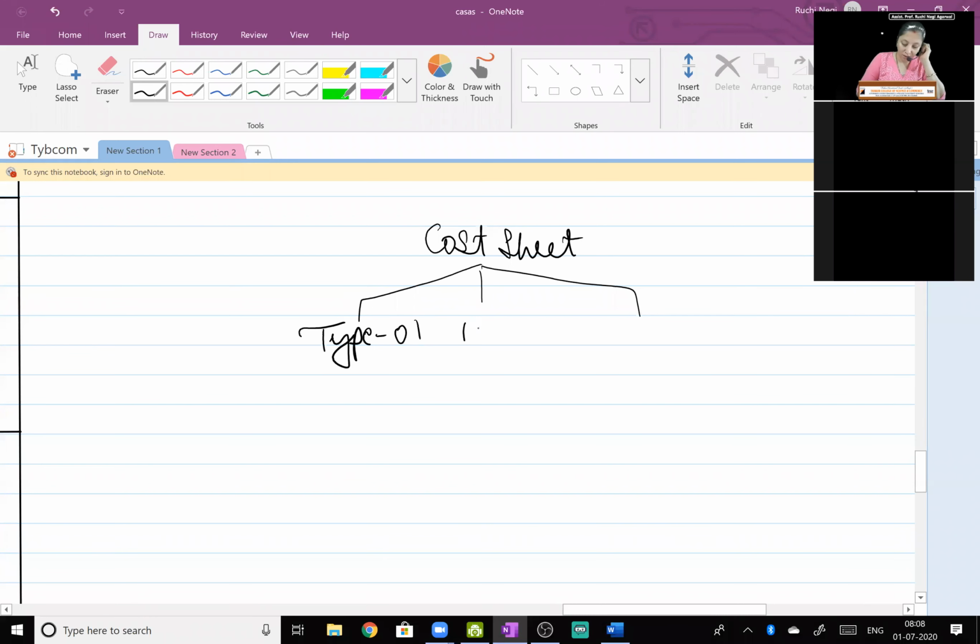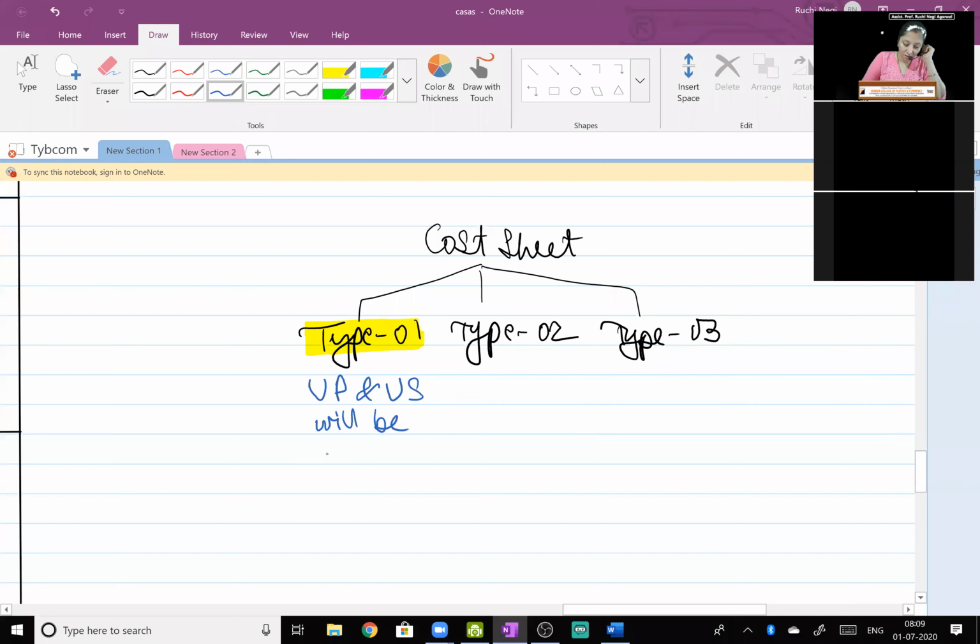Type 1 cost sheet, type 2 cost sheet, and type 3 cost sheet. So we are going to do this one today. First, I will start with type 1 question. And what happens in a type 1 question? Units produced and units sold will not be given.